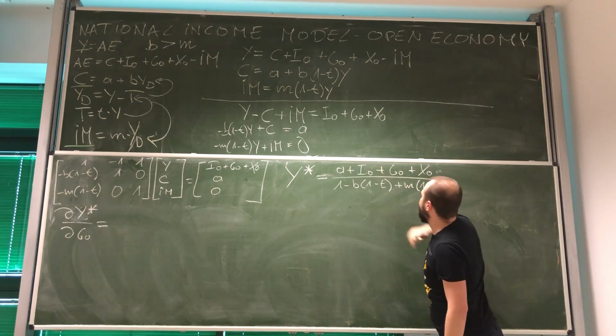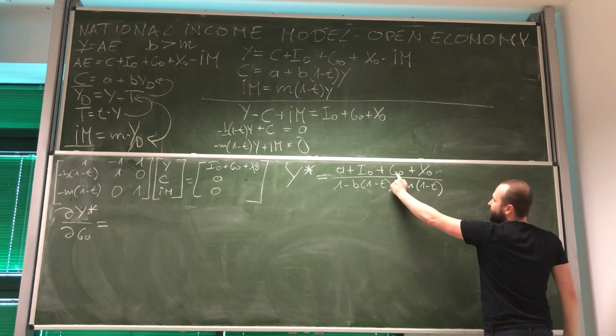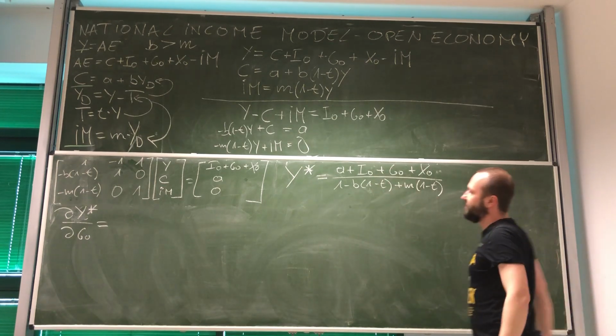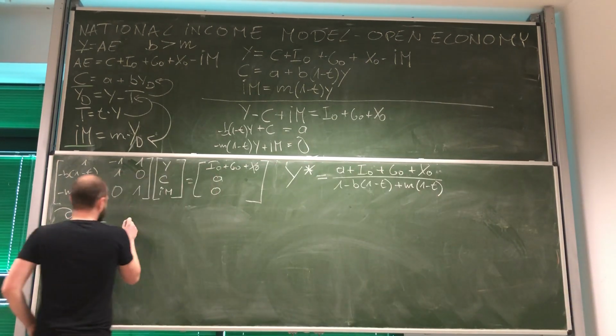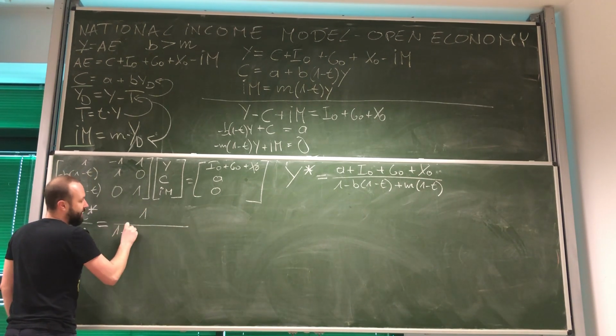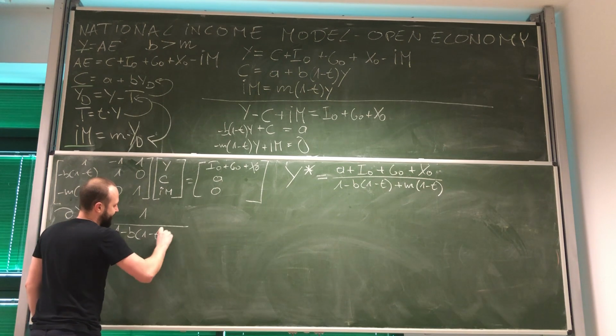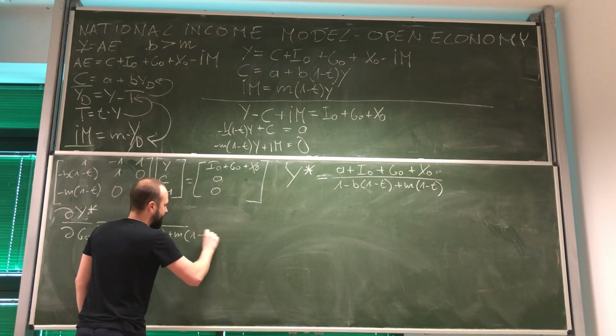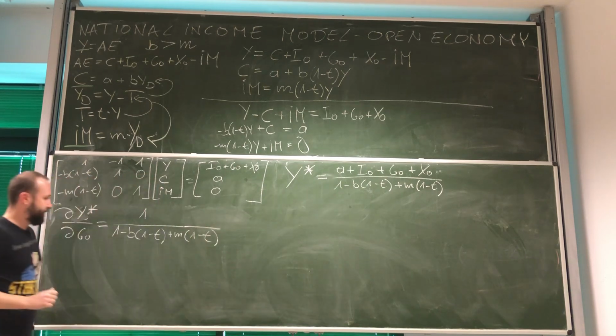Those are treated as constant, so the coefficient on G is 1 over the denominator. So we got that this is 1 over 1 minus B times 1 minus T plus M1 minus T.